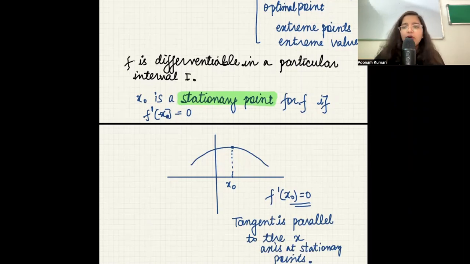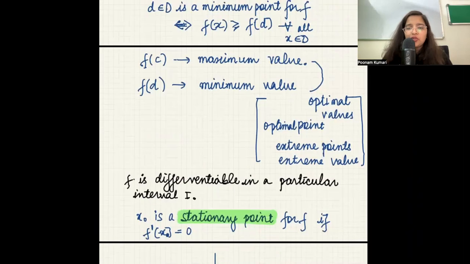So our basic goal is to understand when does a function take a maximum value, when does a function take a minimum value. So basically, we are very much interested in finding the extreme values, right? Whatever your maxima and minima values are, we call them extreme points. So we are very eager to find what the extreme values of a function are.